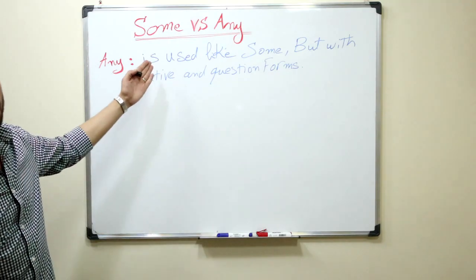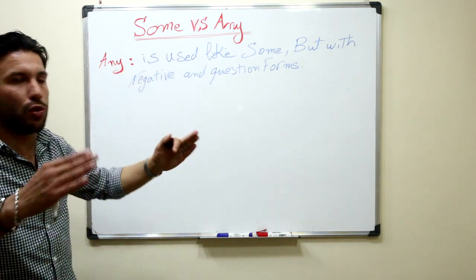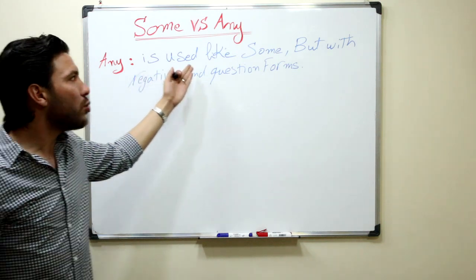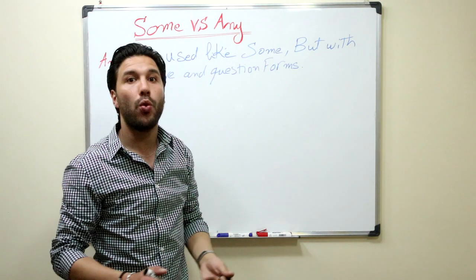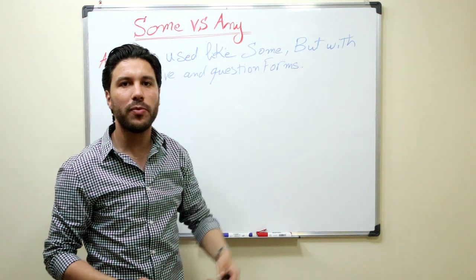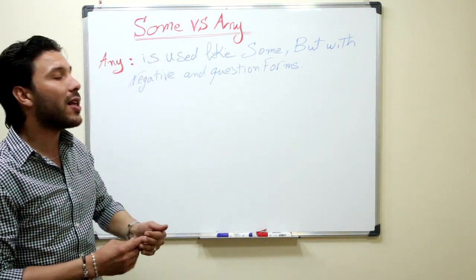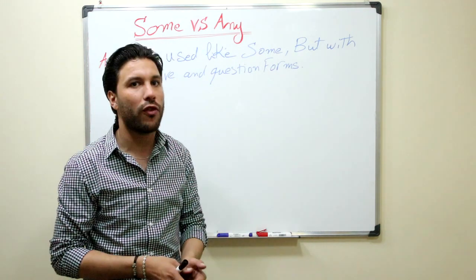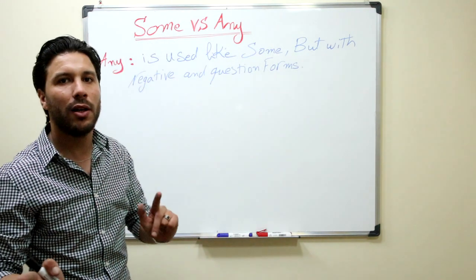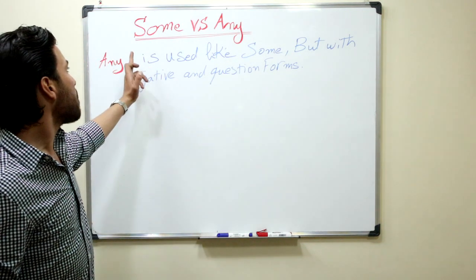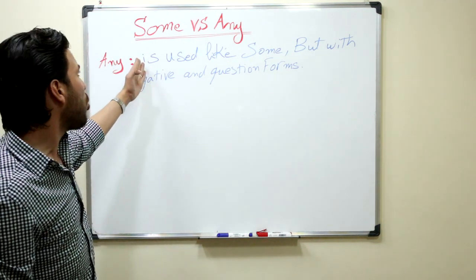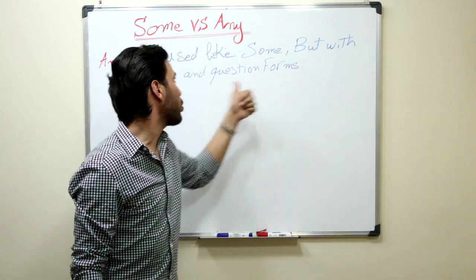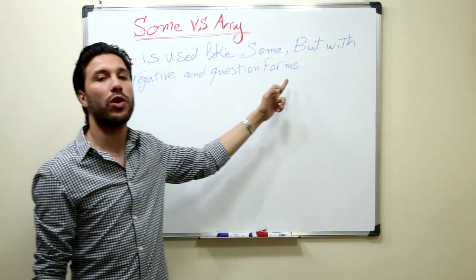Now let us move to see the second one, that is any. Any is used like some, means we can use it with plural forms with countable nouns, as well as with uncountable nouns. So the rule reads, any is used like some but with negative and question forms.